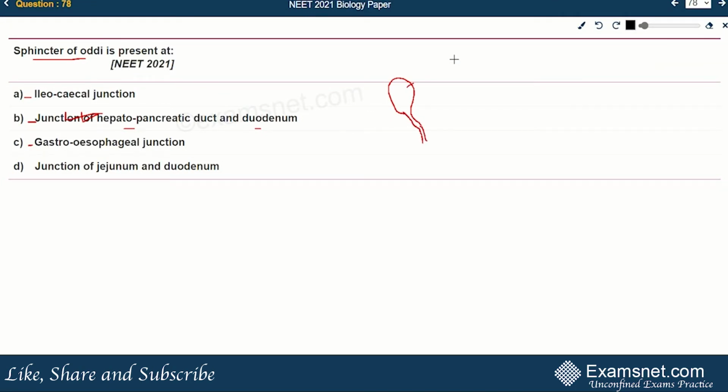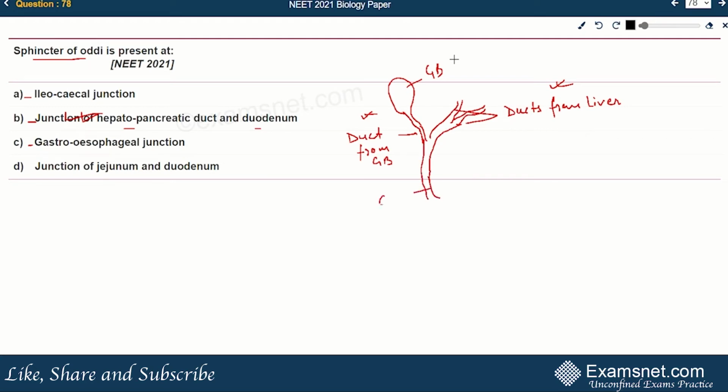Okay, so suppose this is your gallbladder. So here you will find the duct from the gallbladder, right? And here there are ducts from the liver. Now the ducts from the liver and the ducts from the gallbladder make up a common bile duct. Okay, here common bile duct or simply bile duct.